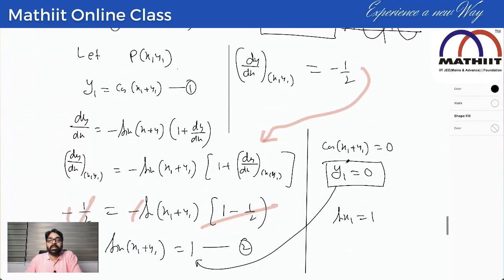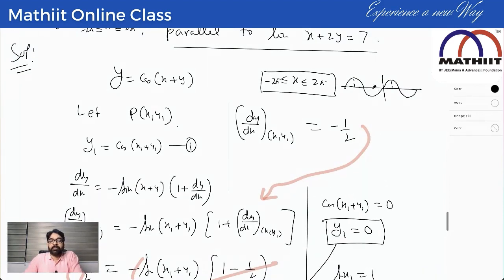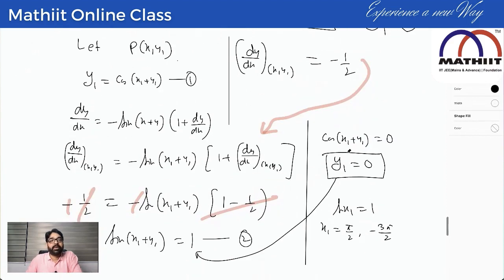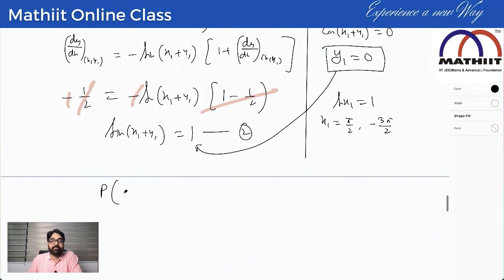Yes or no? Means x1 equals either pi by 2 or -3 pi by 2. This is pi by 2, this is minus pi by 2, this is minus pi, this is -3 pi by 2. So the points of tangency become (pi by 2, 0) and (-3 pi by 2, 0).